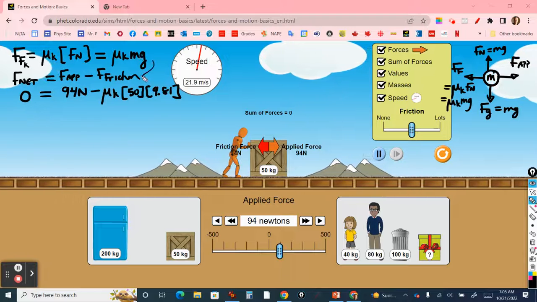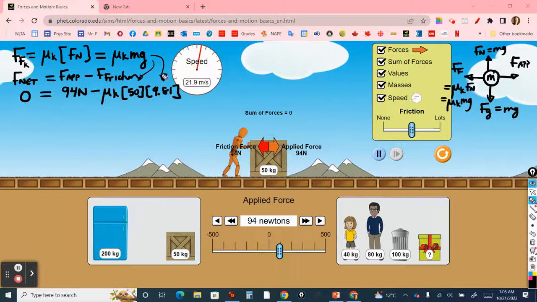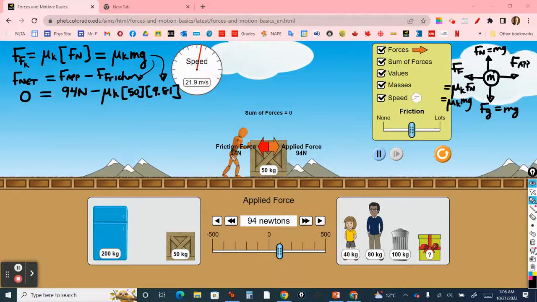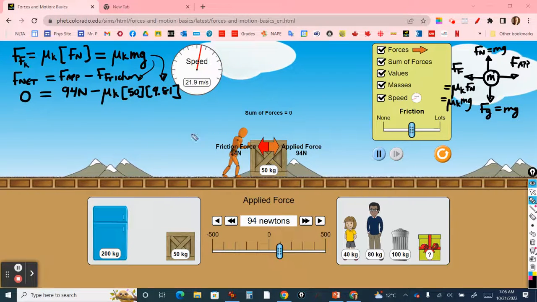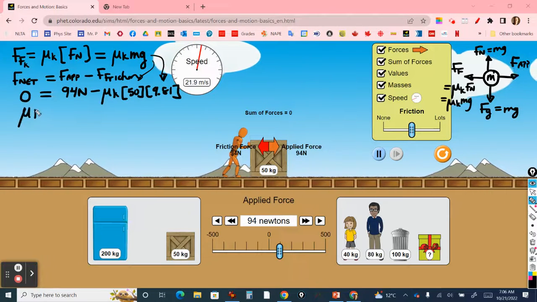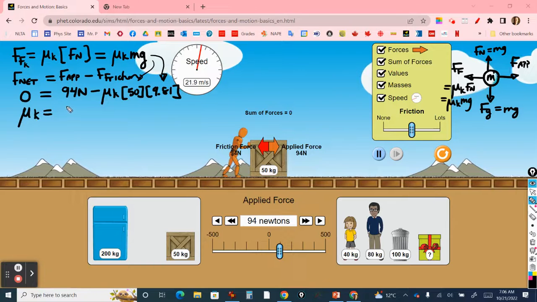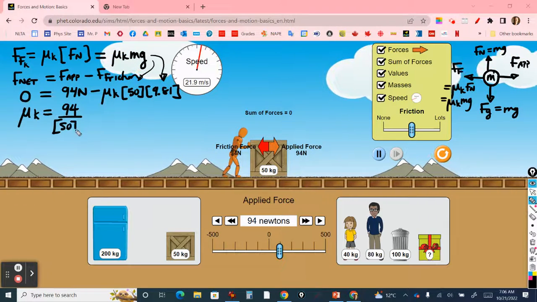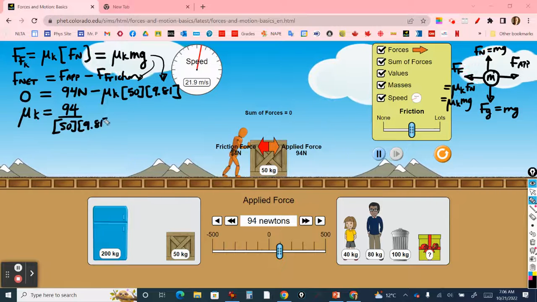So I've got my M, I've got my G, my mu k I don't know. But in this case, I have the same amount of pushing force as I have friction force. So I can do this. I know that my mu k in this instance is going to equal 94 all over 50 times 9.81.